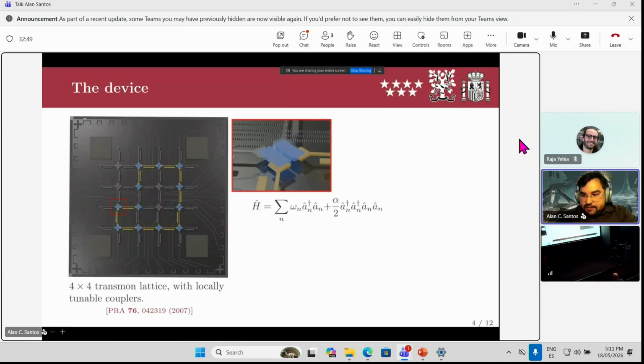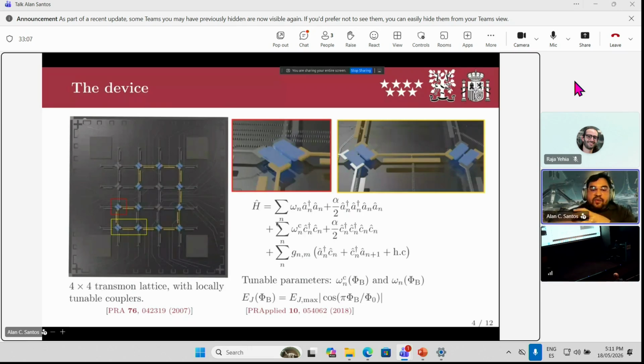In the experiment, these transmons are characterized by the transition frequency, but also an anharmonicity term that makes it possible to truncate each transmon as a two-level system. Okay? And we have this very nice tunable interaction.